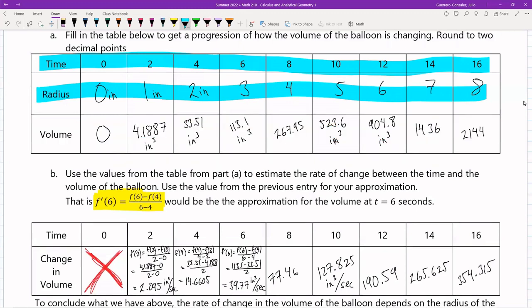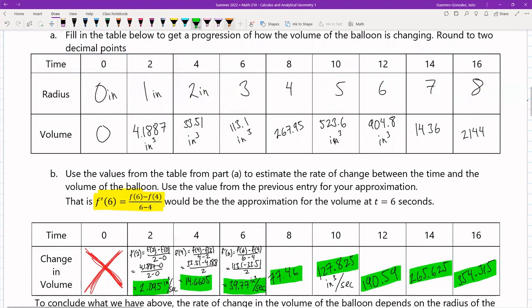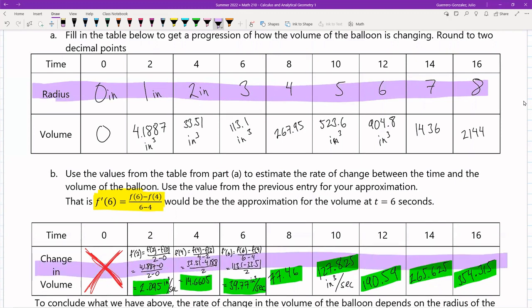And in looking at the volumes, we highlighted these values in green here, we found how quickly our volume was increasing. Now let me highlight the two important rows that we need to concentrate on here. As our radius changed, our volume changed as well.